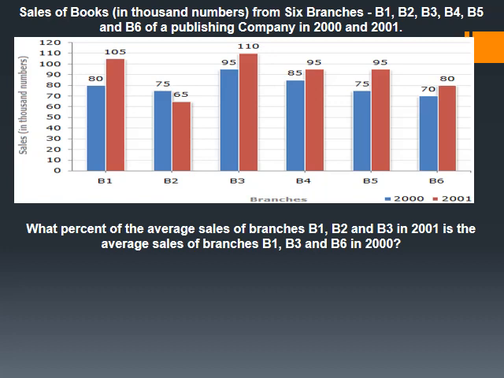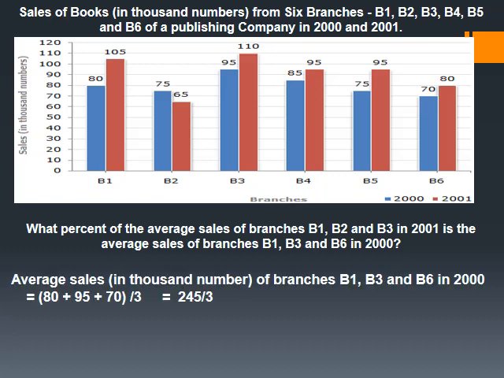So whatever we are getting for 2001, you divide that by 2000 and multiply by 100. So we have to find the average sales of branches B1, B2 and B3 in 2001.